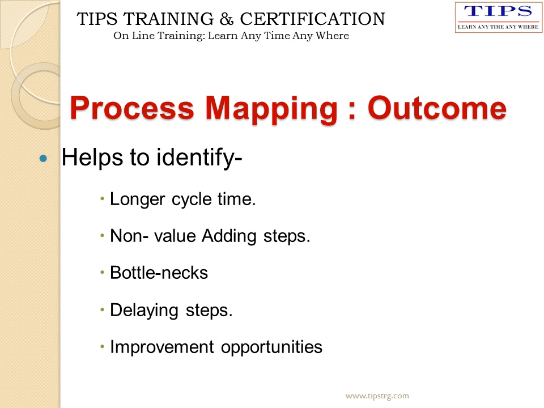The bottlenecks and constraints of the process we will identify here, and based on the identified bottlenecks we will take actions. Delaying steps and improvement opportunities also get identified through process mapping.